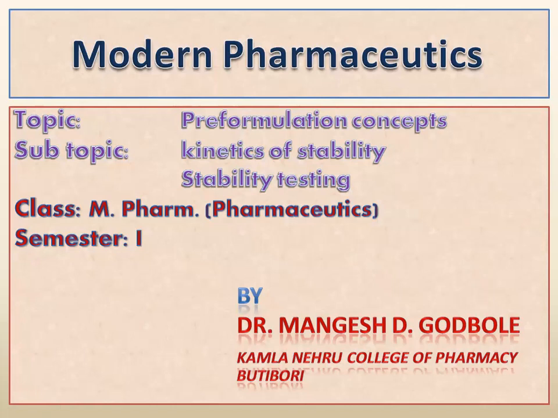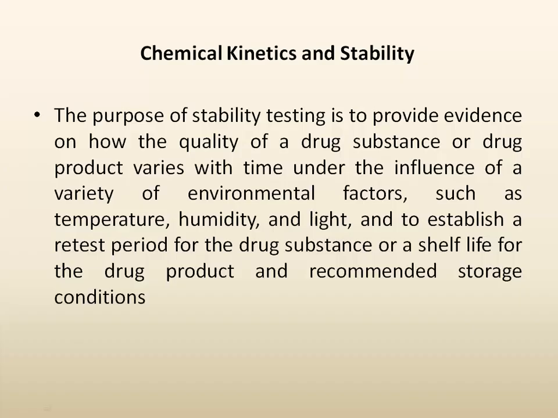So there may be a 10% reduction in concentration, and we can say that is its shelf life. How it is determined, what the different conditions are, what first order kinetics and second order kinetics are, what we mean by zero order, first order, then half life, all these things we have to discuss in kinetics of stability and stability testing.